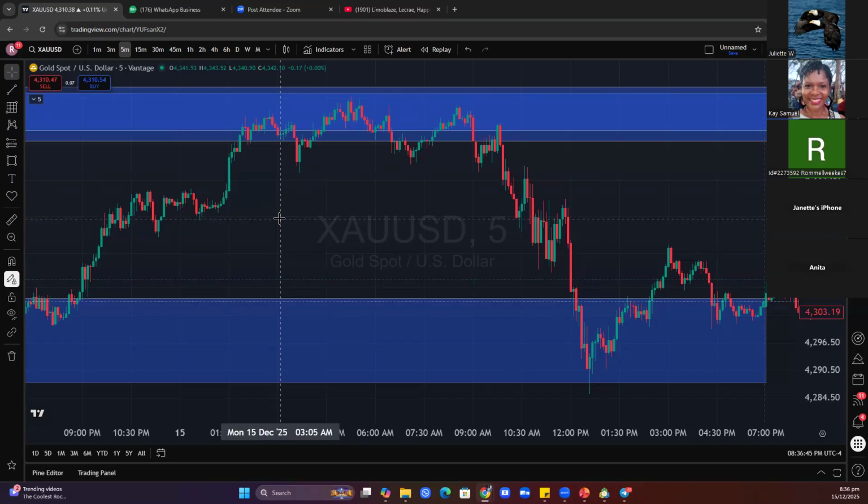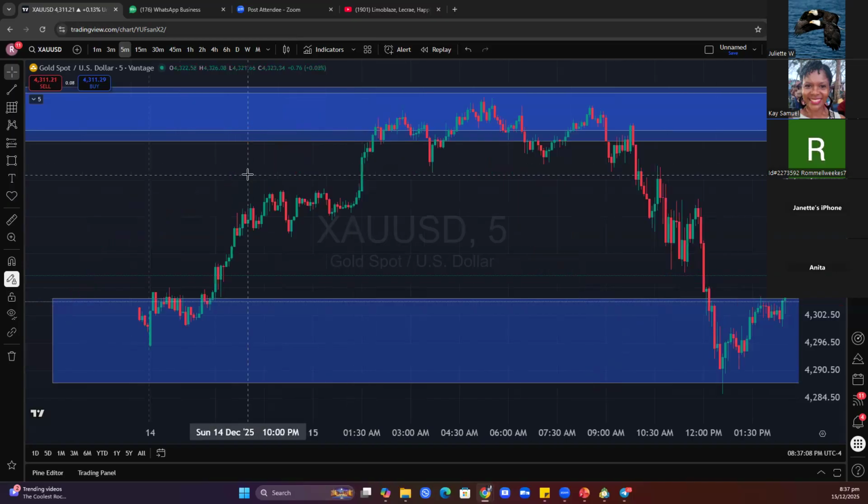You're looking for that structure shift. Guys, do not guess. This has to be systematic for you. Price is in your area, but you can't be looking for engulfing yet. You want to see price shift first.